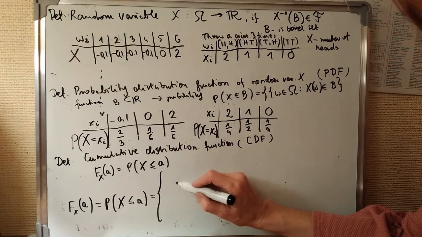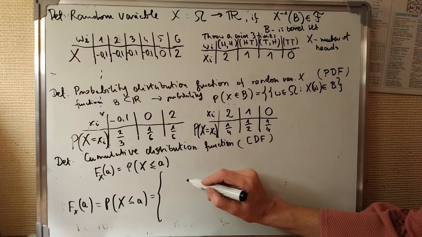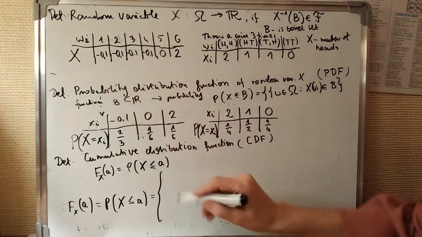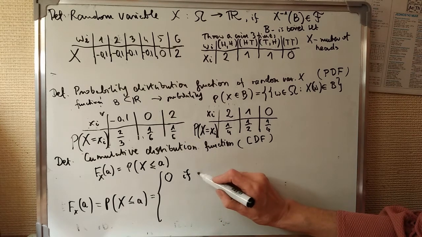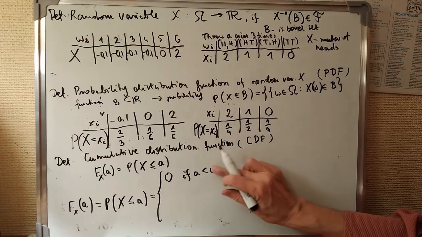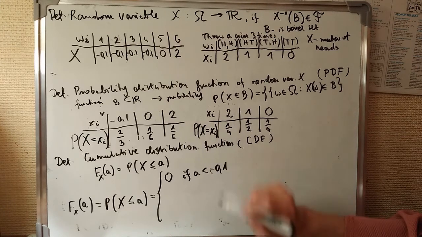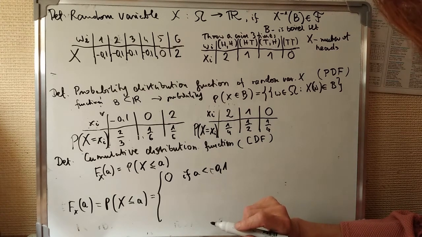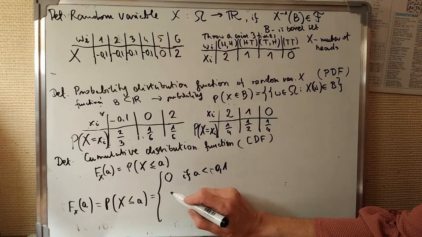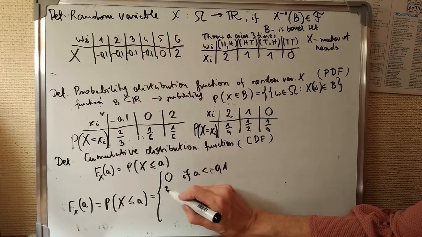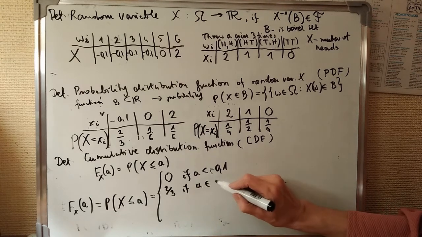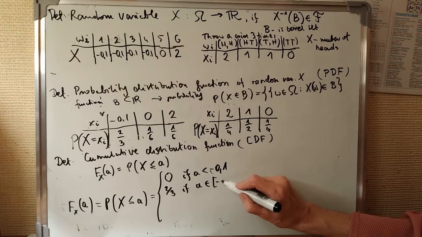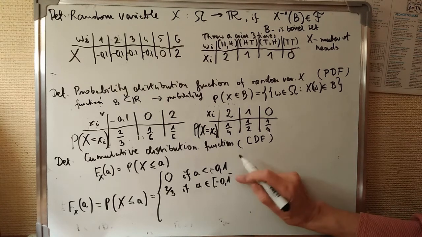So, if A is less than minus 0.1, then of course the probability is 0. Then we have 2/3 if A belongs to the interval from minus 0.1 until 0, open.